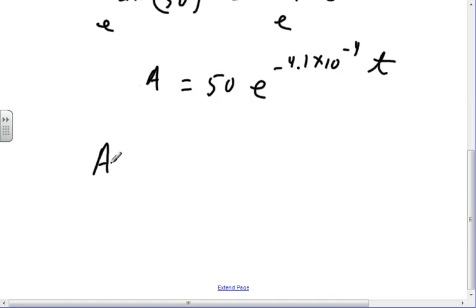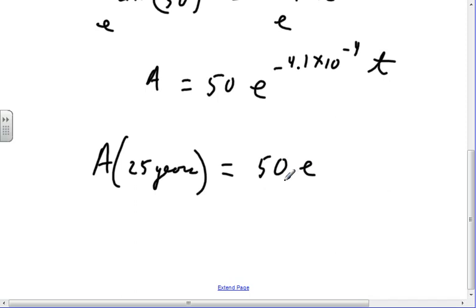And then we want the amount after 25 years. Okay, so we're going to have 50, and this is milligrams, e to the minus 4.1 times 10 to the minus 4 times 25.